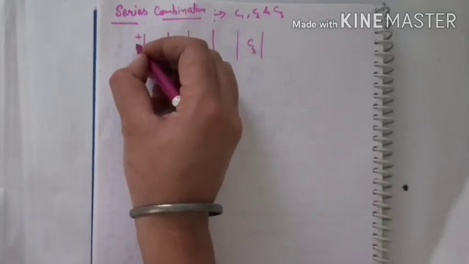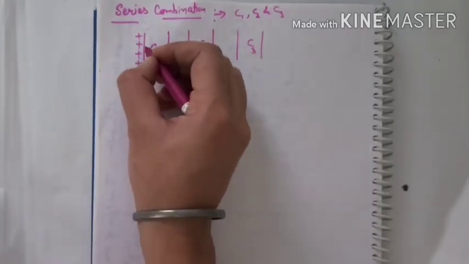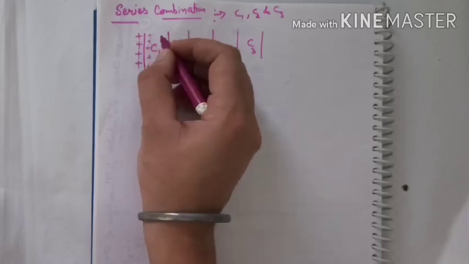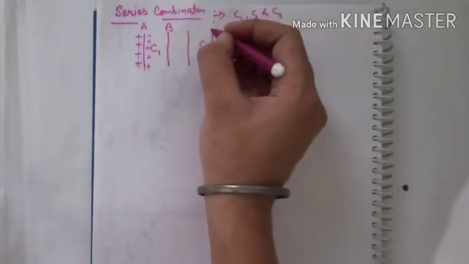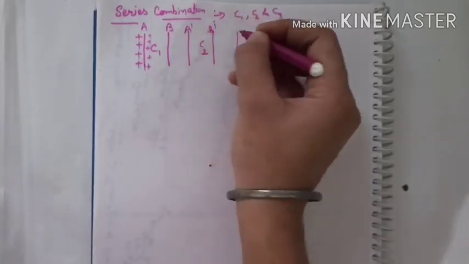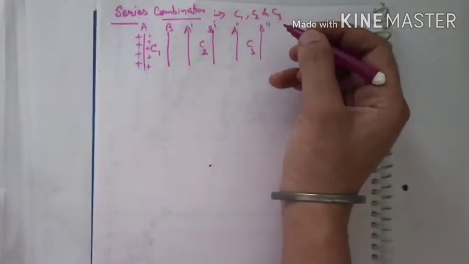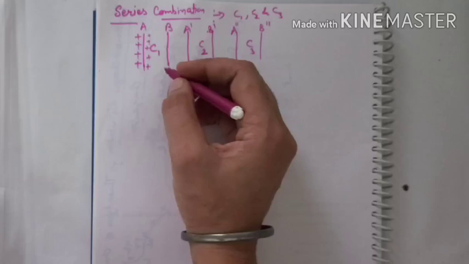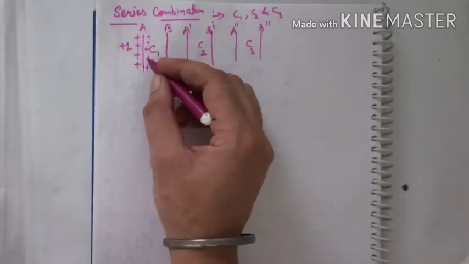Positive charge is given to this capacitor. Say that these plates are A, B, A dash, B dash, A double dash, B double dash. So positive Q charge is given to this plate A.